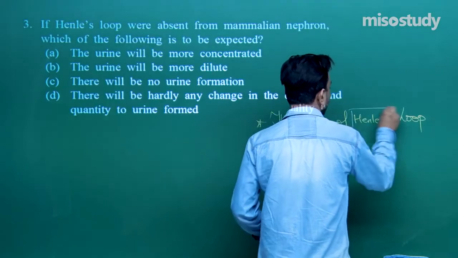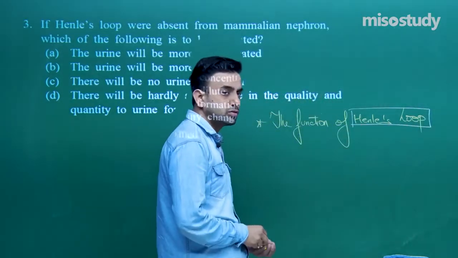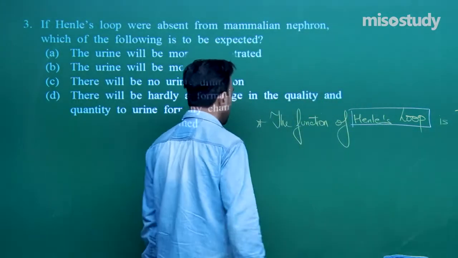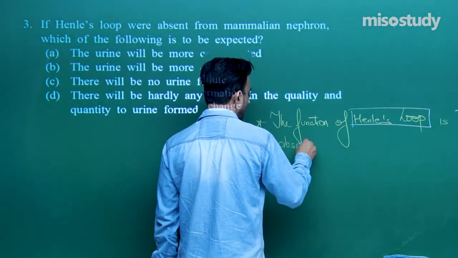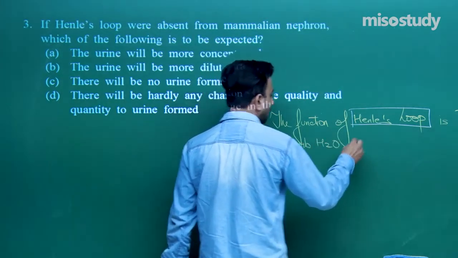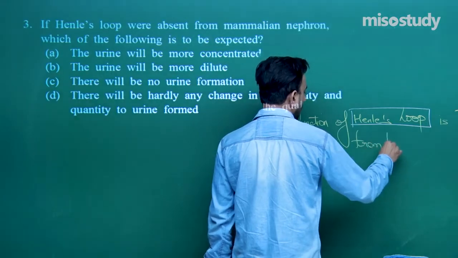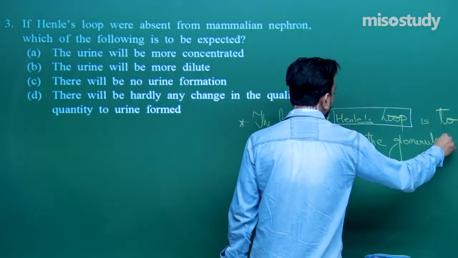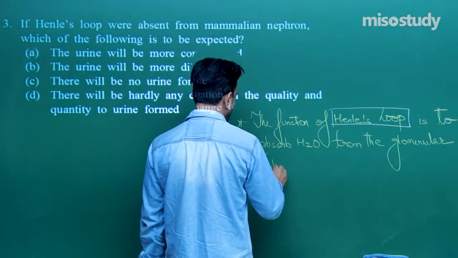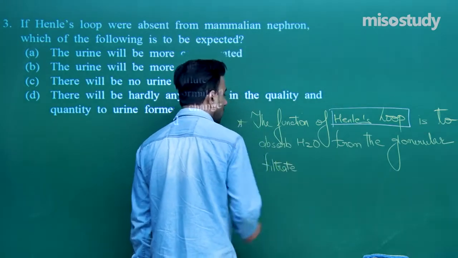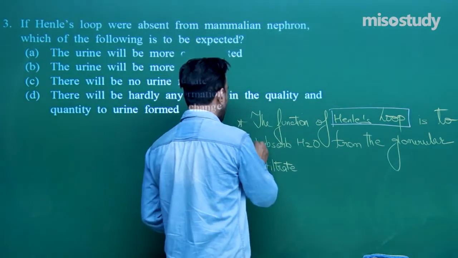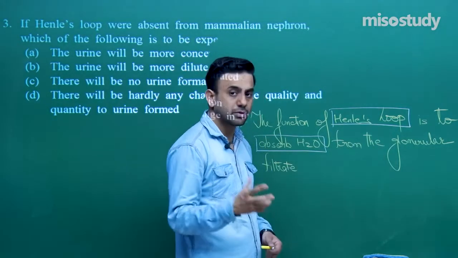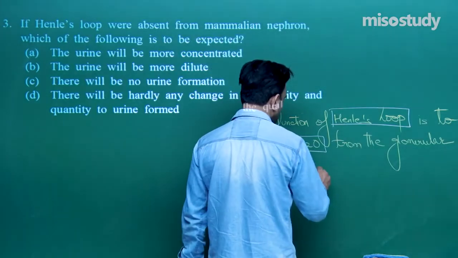The function of Henle's loop is to absorb water from the glomerular filtrate, and it makes the urine concentrated.